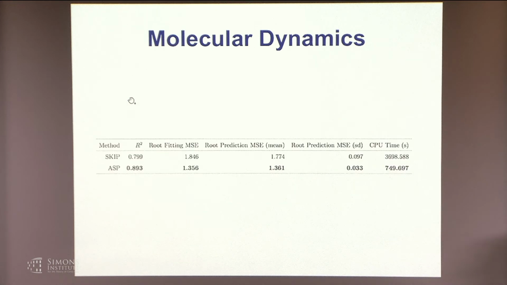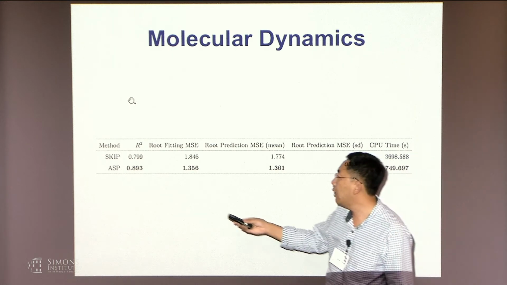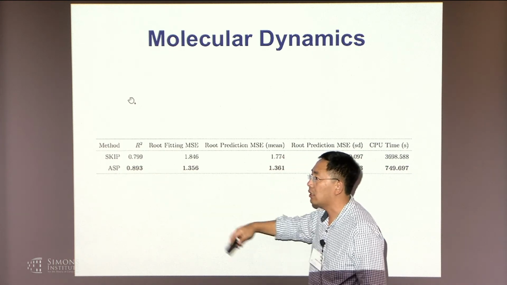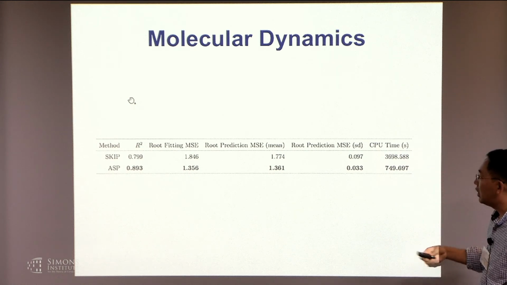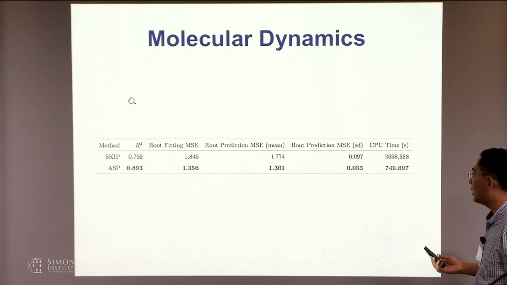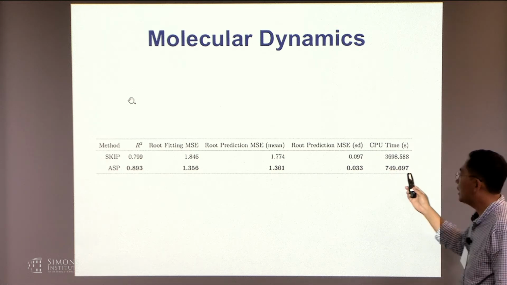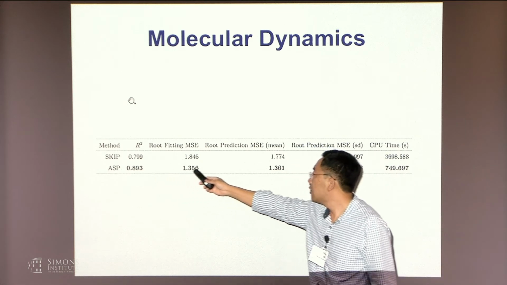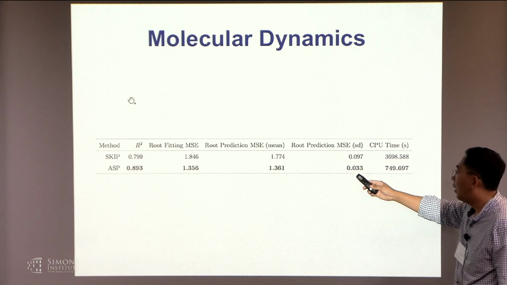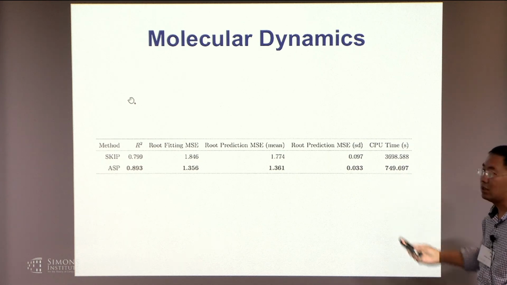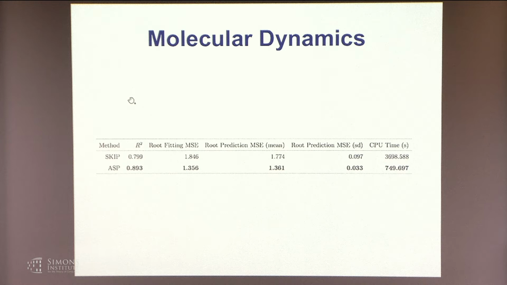In this case, there is no way we can calculate the full sample generalized cross-validation result anymore, so we can only compare with the skip method, because the skip method can set up the initial value and then calculate these results. In this case, we can see all our results are much better than the skip method, and the computation also has substantial savings. So this is pretty much my talk, and thank you for listening.